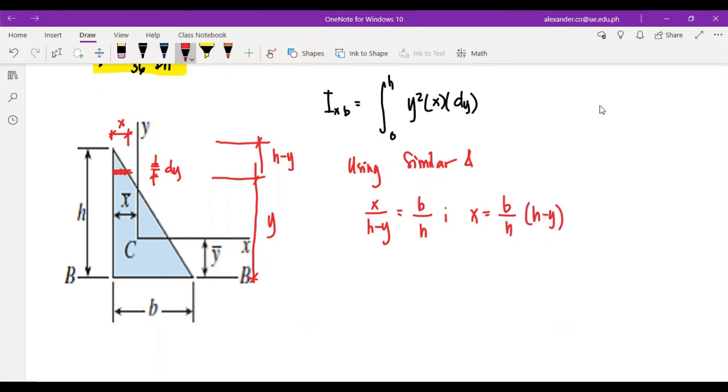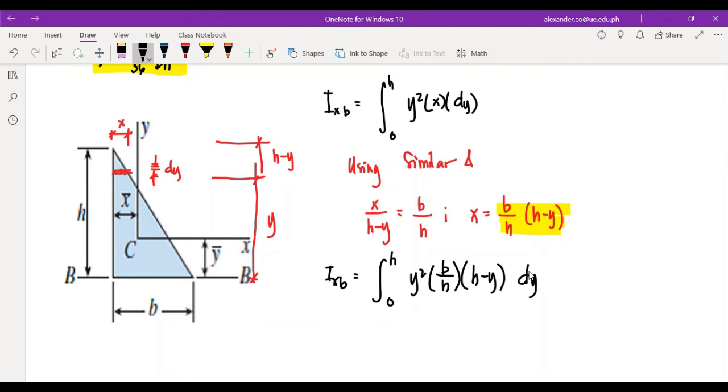It's easier and shorter. Now, substitute this value of x here, and just change the upper and lower limits with respect to the base. Your x now will be b over h times h minus y, dy.